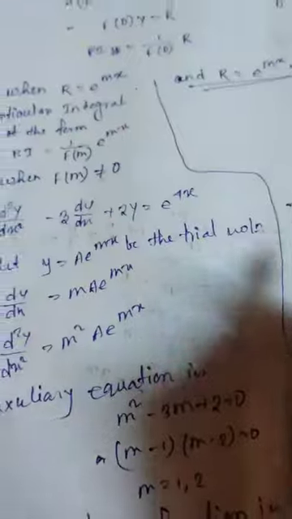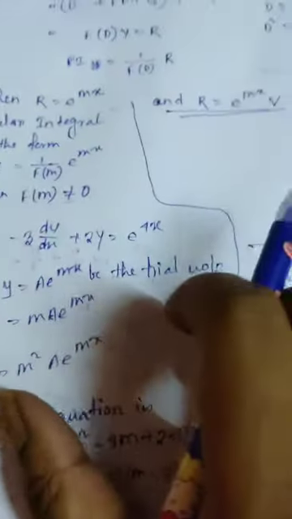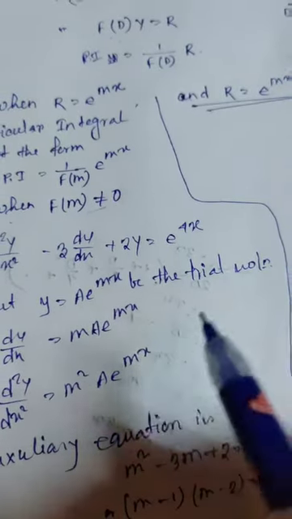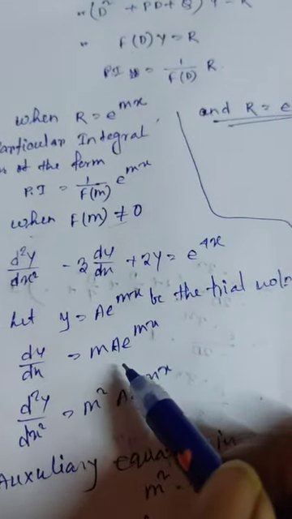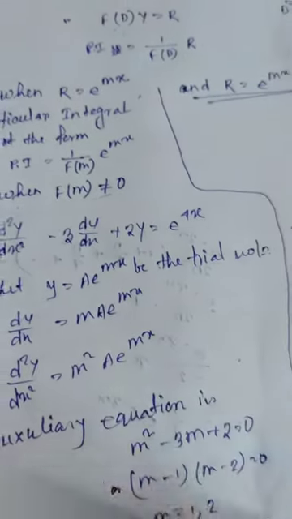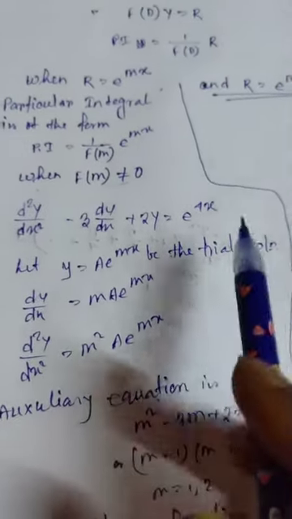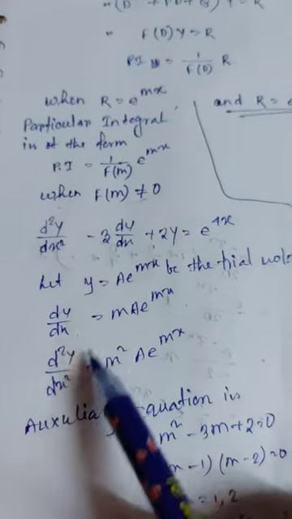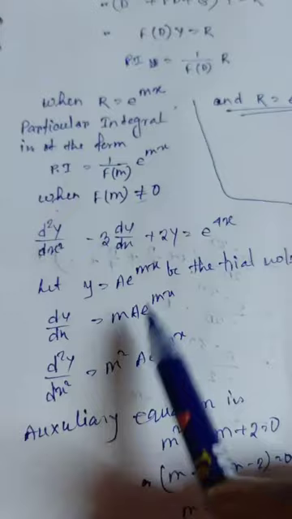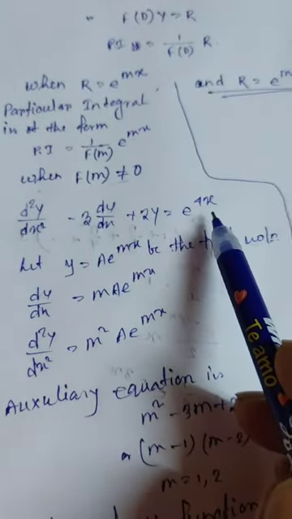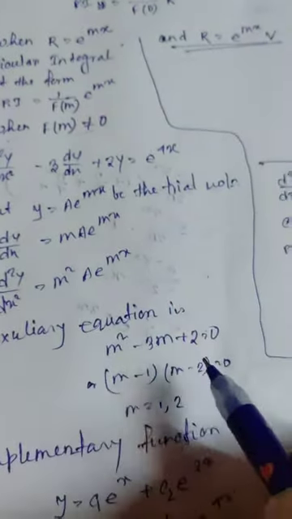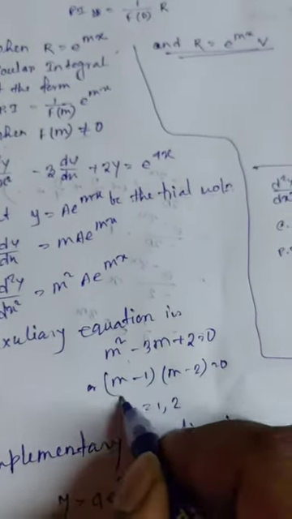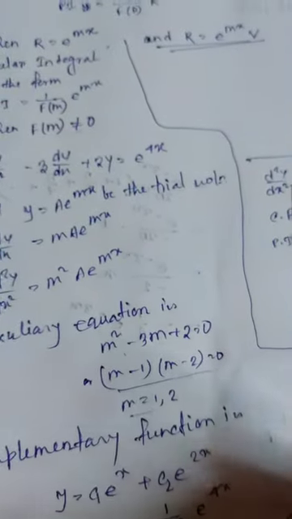We will solve it like this: we take y is equal to A e to the power mx as the trial solution, find dy/dx and d2y/dx2, and next find the auxiliary equation by making the right hand side equal to 0 and using these two values. If we put them in this equation, we get m square minus 3m plus 2 is equal to 0, and if we solve, we get m is equal to 1 and 2.